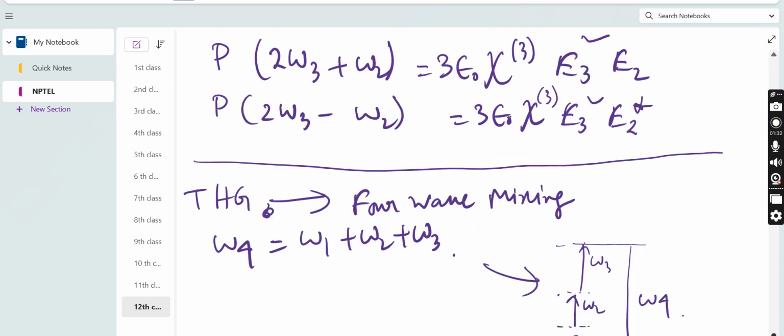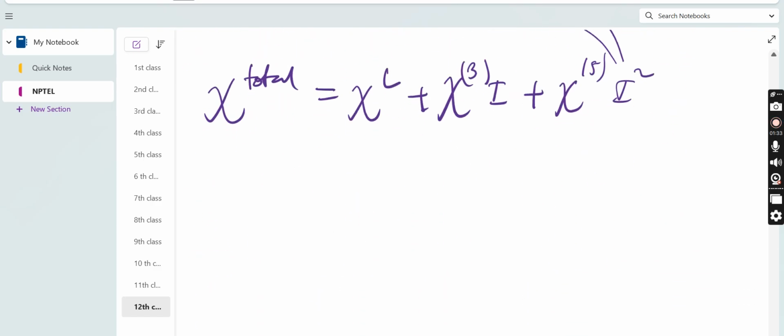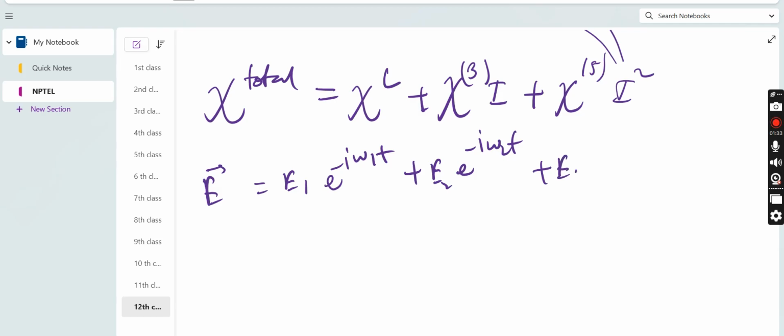So similarly, we'll go with two fields. So the field is E1 to the power minus i omega 1t plus E2 to the power minus i omega 2t plus E1 star to the power i omega 1t plus E2 star to the power i omega 2t.